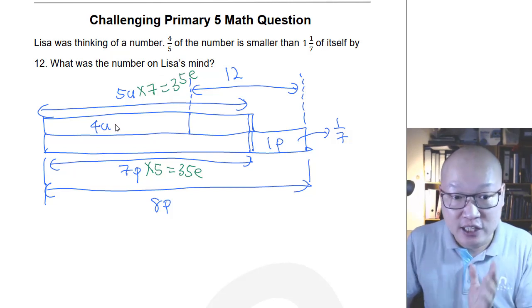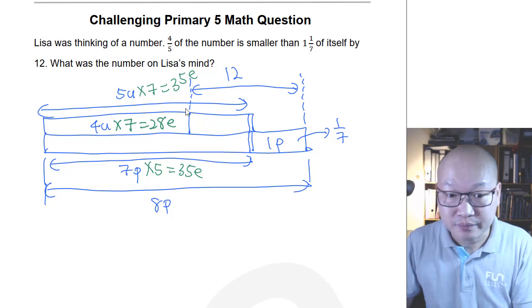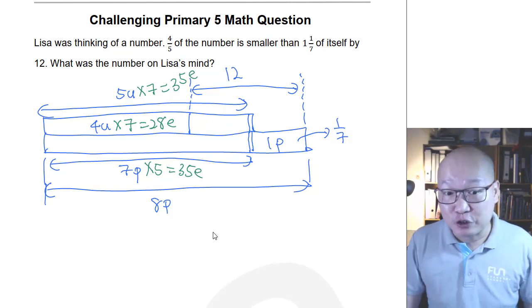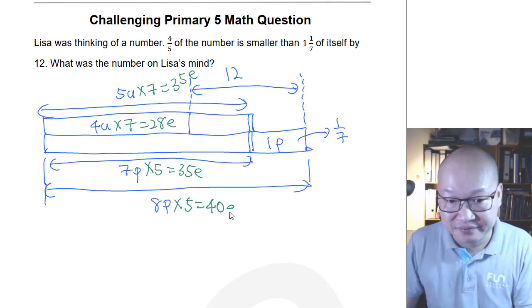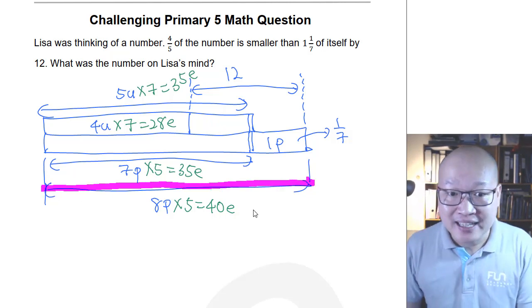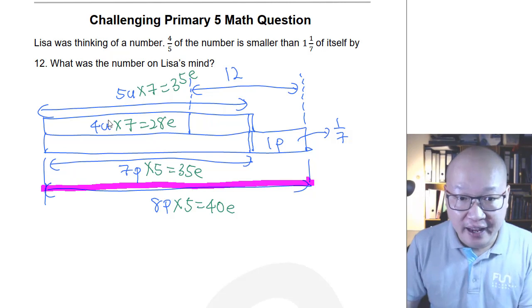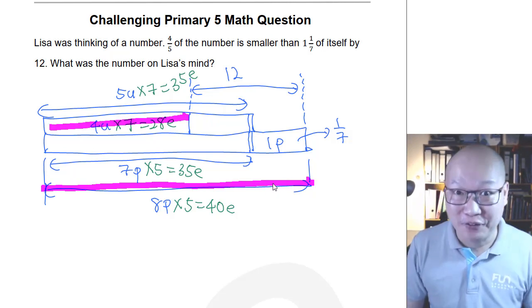So in this case, 4 units times 7 will give us 28 sets. 8 parts, we have to times 5 to give us 40 sets. 40 sets, which is the long part here, is actually longer than 28 sets by 12.